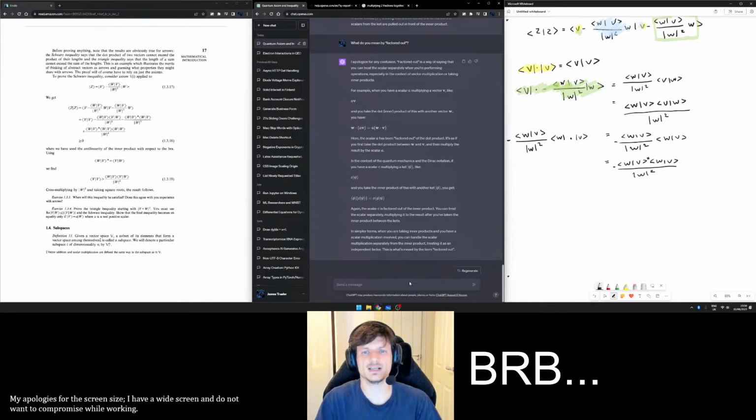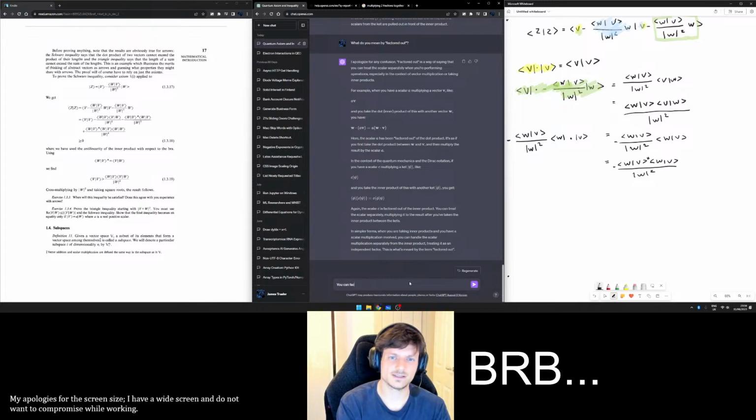In the context of quantum mechanics and the Dirac notation, if you have a scalar c multiplying a ket, like c ket, and you take the inner product of this with another ket, you get c and that.